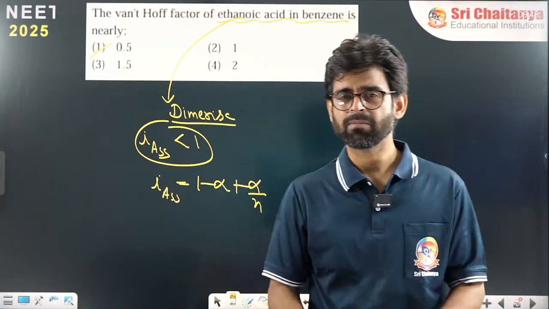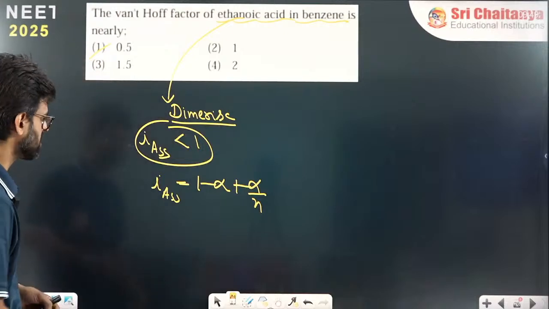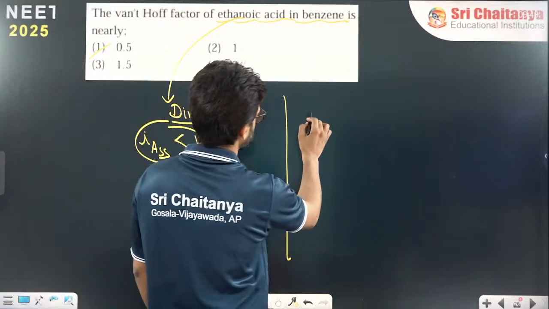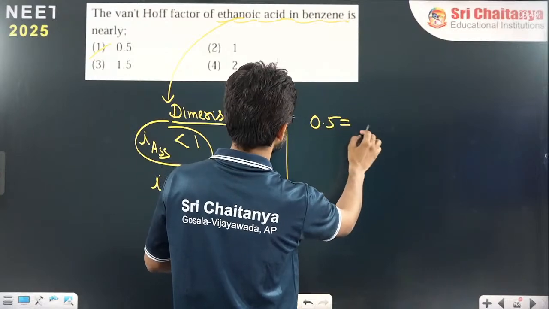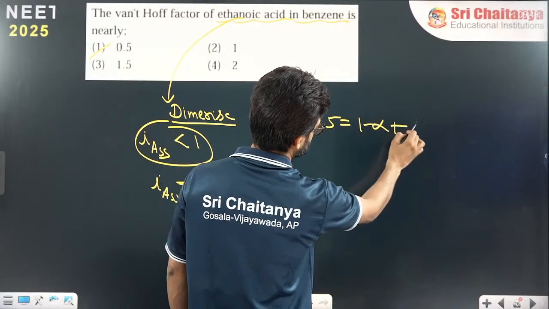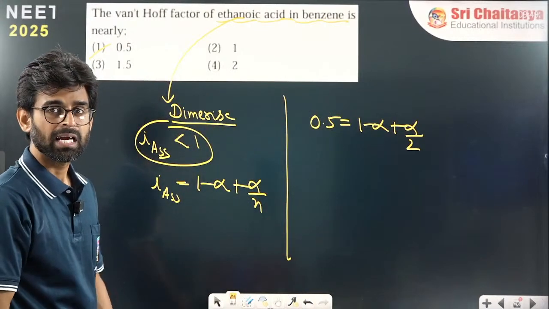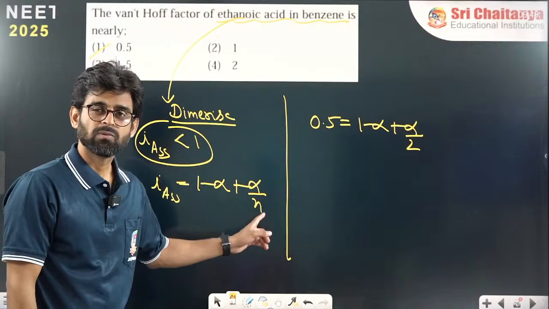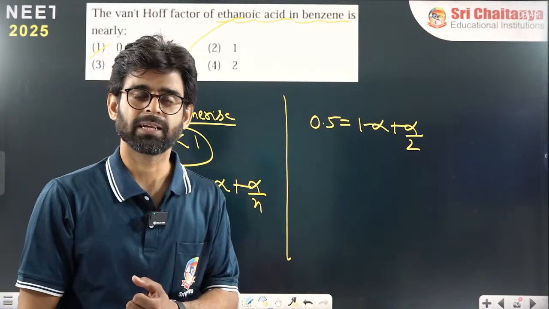Right? Sometimes they give the i value, they want to ask you the extent of association or dissociation. So imagine, here i they gave 0.5. Imagine I am just making a new question here, 1 minus alpha plus alpha by 2. So from here you can find alpha also, right? And why am I taking 2 here? What is n? n is the number of particles which associate to make one particle.